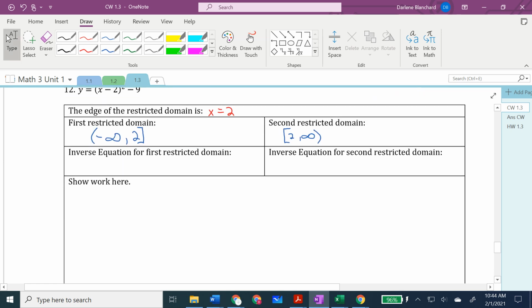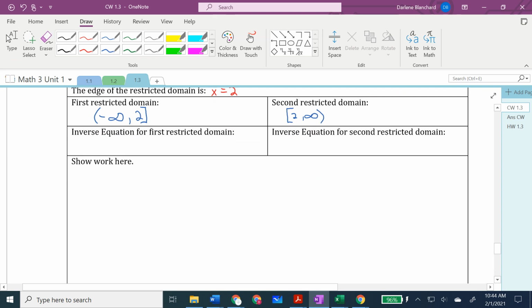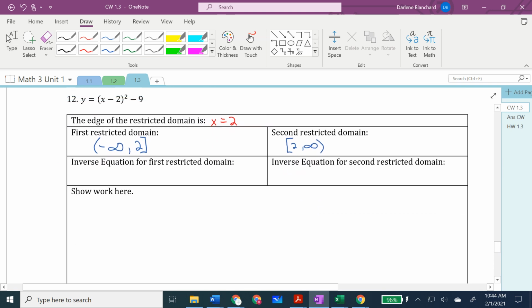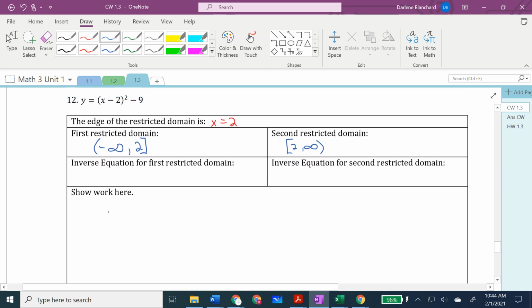Now, the answers are not going to be written until after you go through a bit of work. Watch me on this work because we're low on time. So, when I first go about finding an inverse, do you remember what the first thing was that I would do?